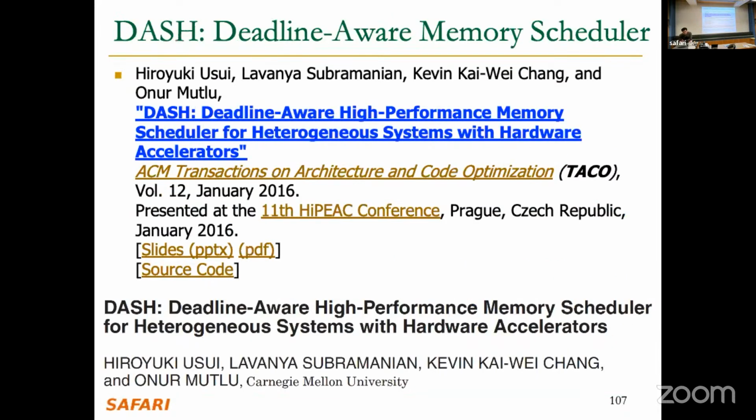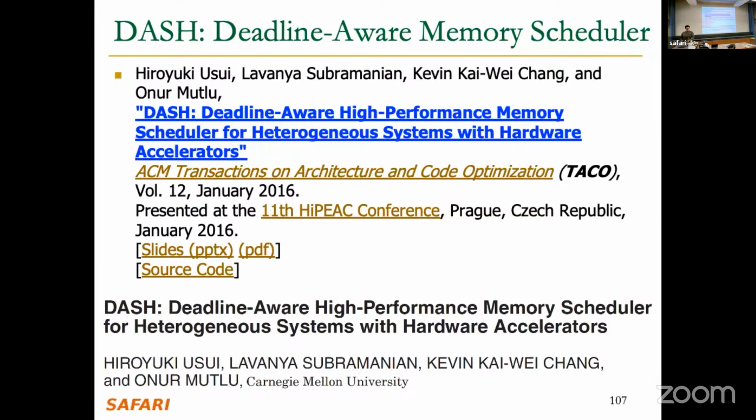DASH, or the deadline-aware memory scheduler, is trying to provide predictable performance in cases where you have hardware accelerators that send memory requests with deadlines. Deadlines mean that a memory request has to be issued before that deadline.